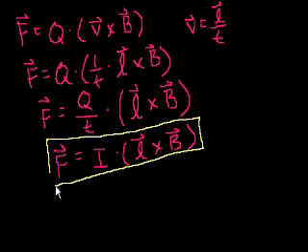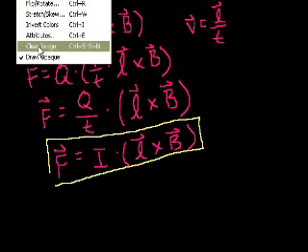But let's see if we can use this to figure out the effect that a magnetic field has on a current carrying wire. So I probably want to put this up at the top just so that I have space to draw a current carrying wire. So let me rewrite it in green so you're familiar with the formula in all colors.